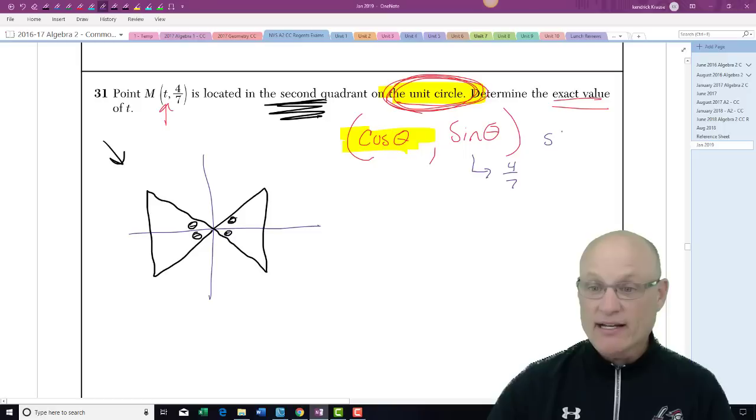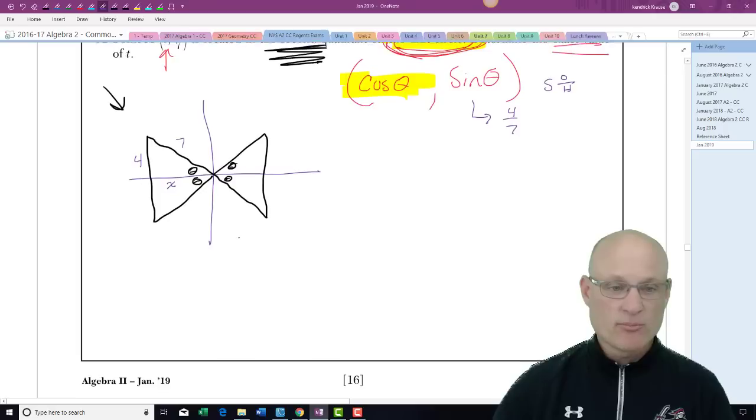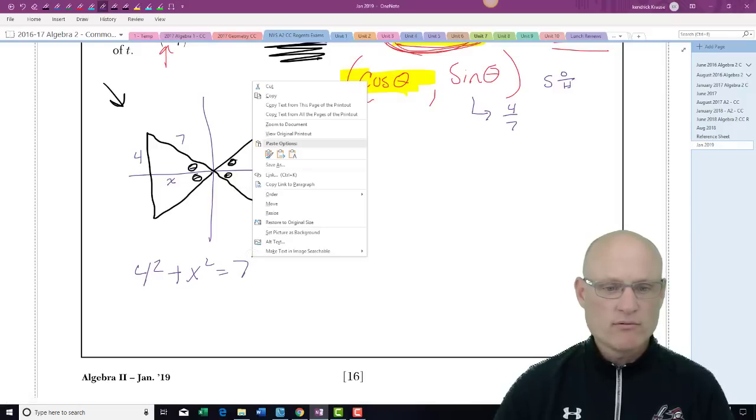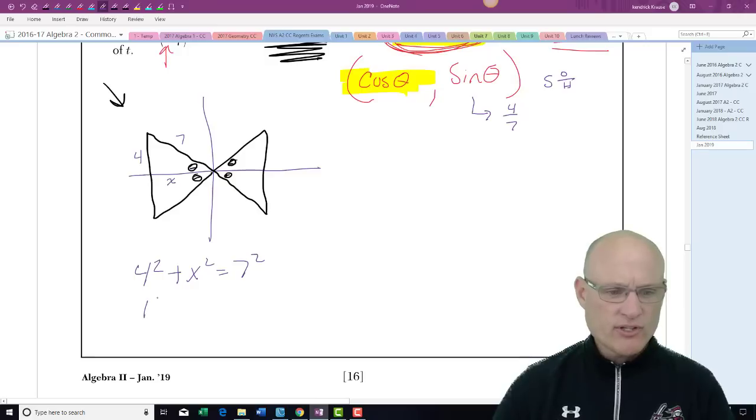Well, I know sine is opposite over hypotenuse. Oh, opposite 4 over 7. Now I just got to find x. Oh, I can do the Pythagorean theorem. 4 squared plus x squared equals 7 squared. So this is 16 plus x squared equals 49.